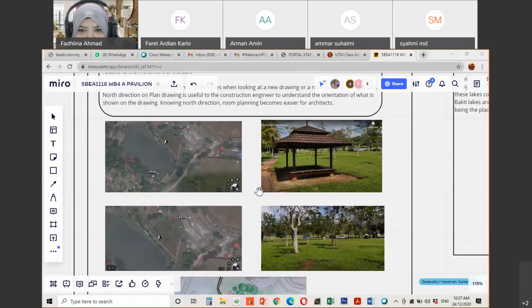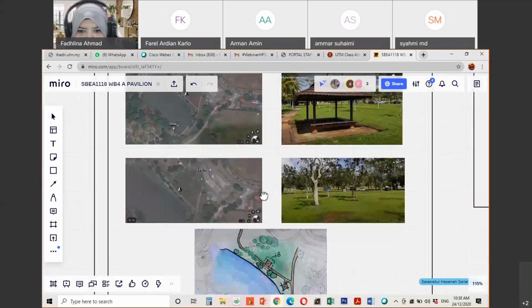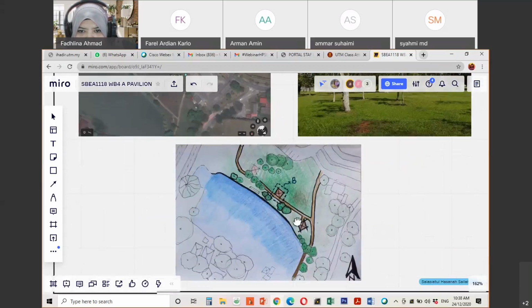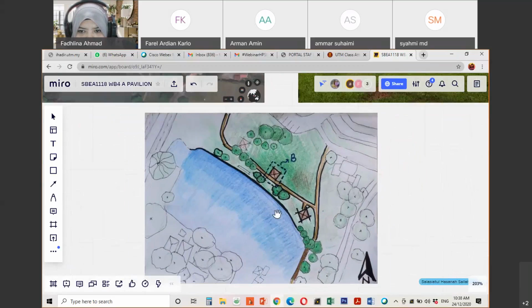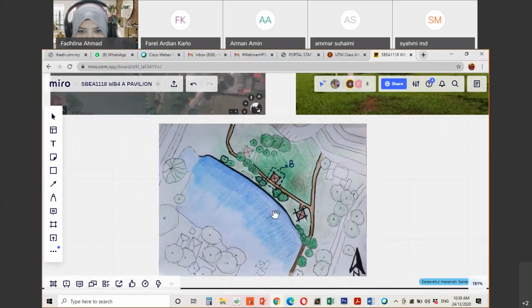And this is the second image, the view below of the wakaf, which shows the environment surrounding it.